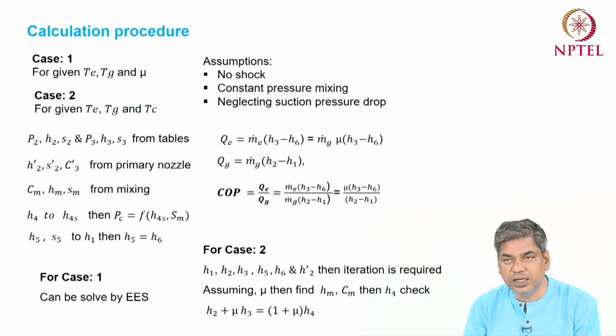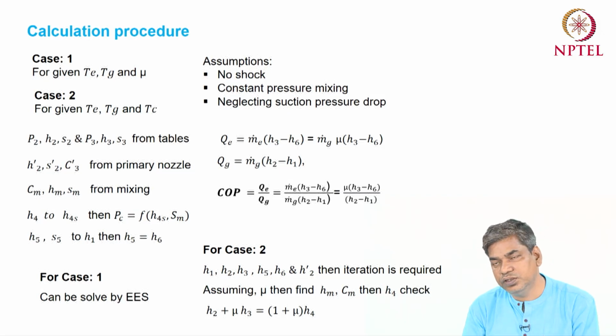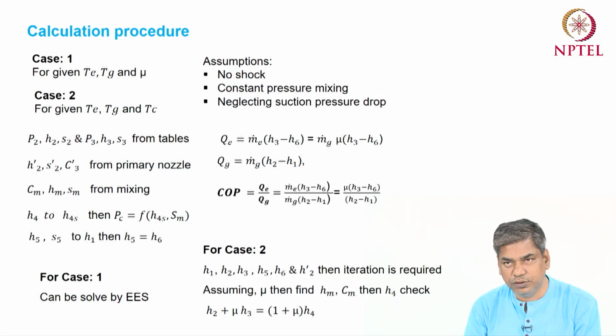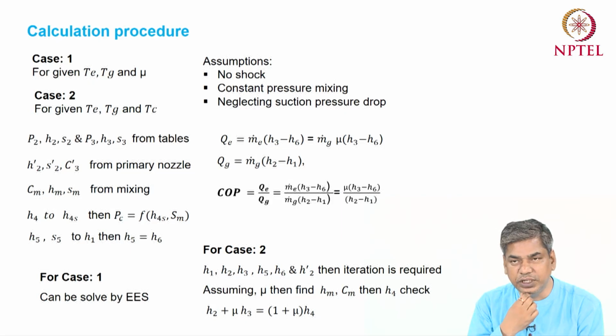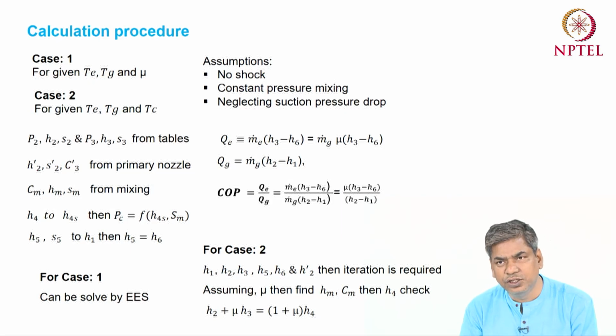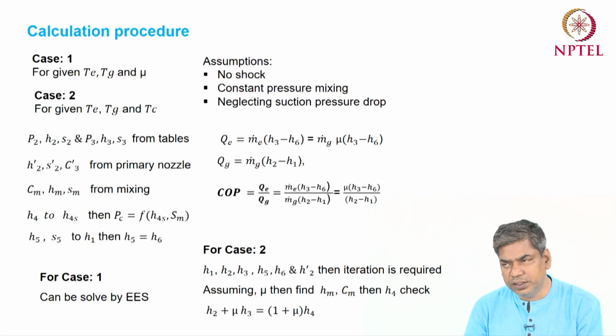So this enthalpy and the enthalpy after the diffuser should match. Okay, so you have to iterate mu in such a way that the two enthalpies match. So either we can match the condenser pressure or we can match the outlet enthalpy H4. Either way we have to match those to iterate the value of mu for case 2. Thank you.